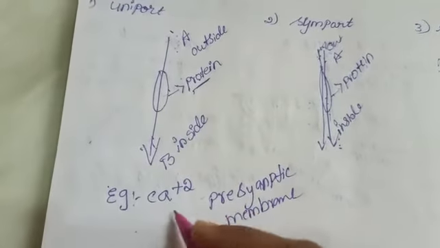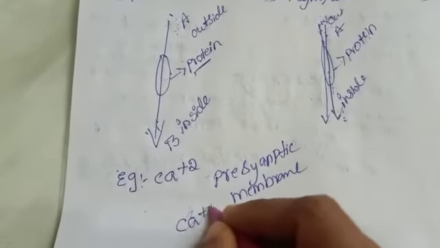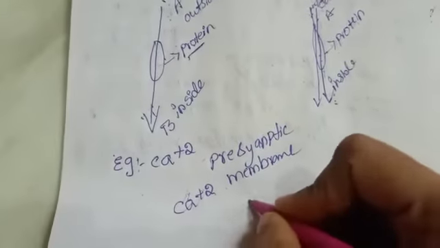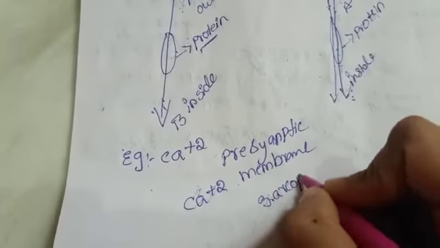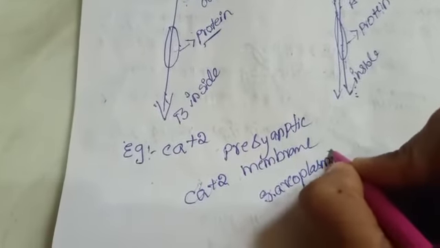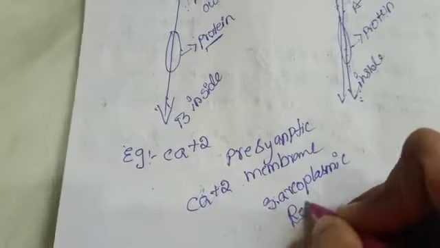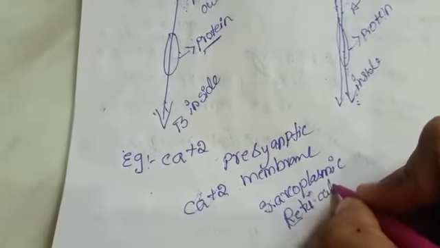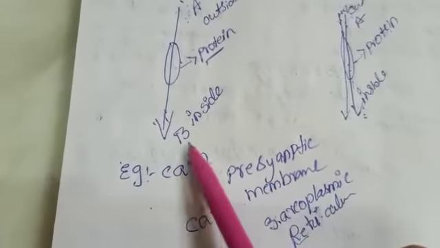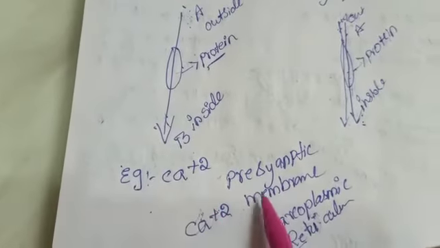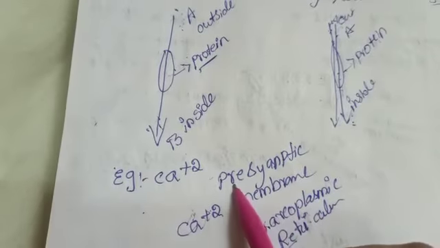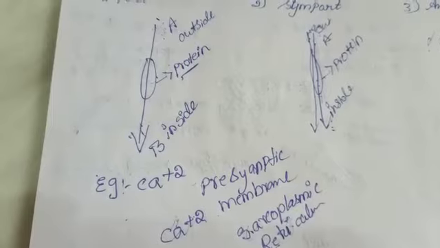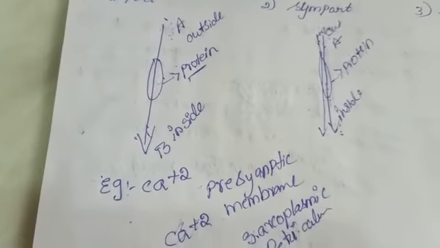Then there is another example: calcium ions are released from the sarcoplasmic reticulum. So example one is calcium ion release at the synaptic membrane, from the nerves, when the impulse is transferred from one neuron to another.